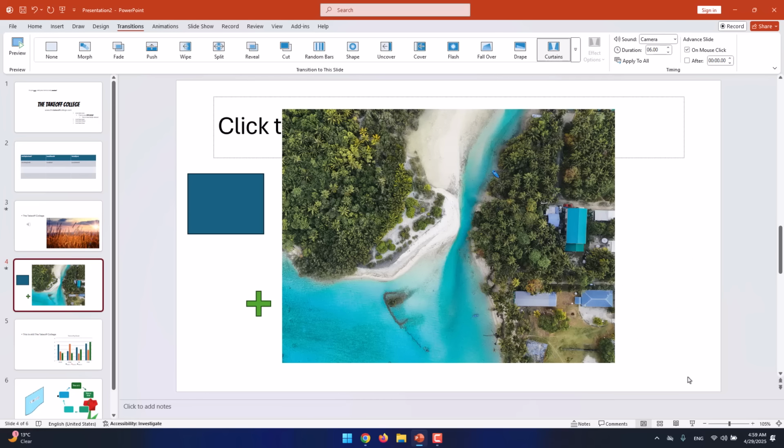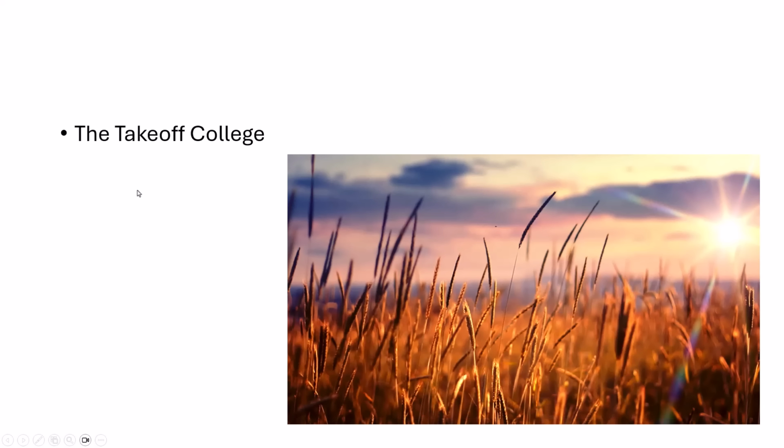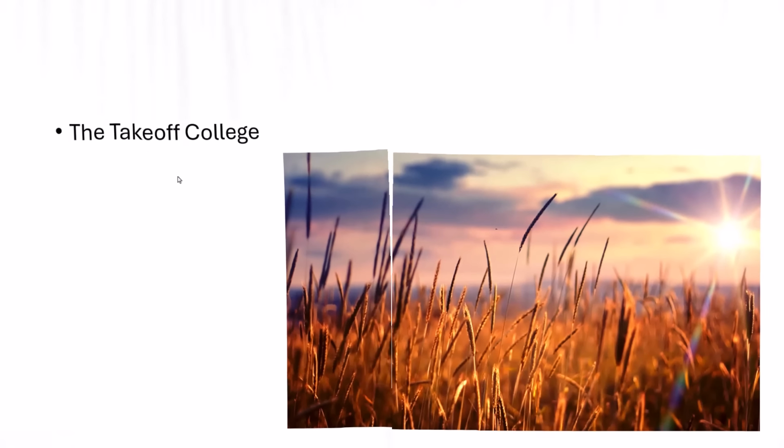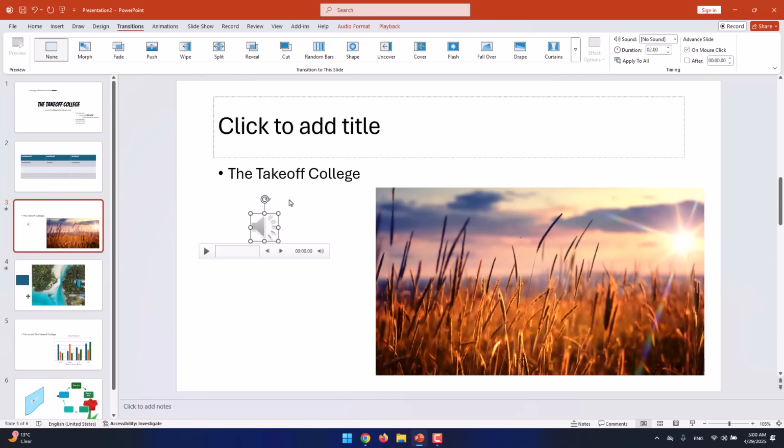So if I go to the presentation mode, as you see, if I click, the camera sound was applied and my transition was applied as well. Now I need to click in order to make other parts and other visuals of my presentation visible, as you saw. So the sound we had was for this audio.